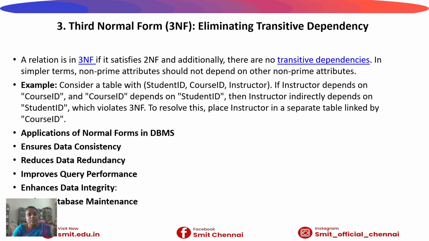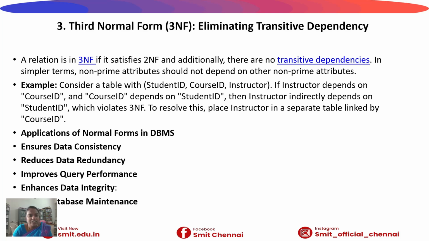Moving on to third normal form, actually a little bit most important. Only if third normal form is satisfied can we move into Boyce-Codd normal form. See, third is eliminating transitive dependency.